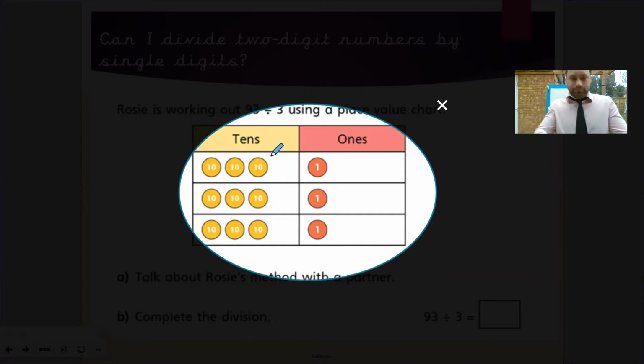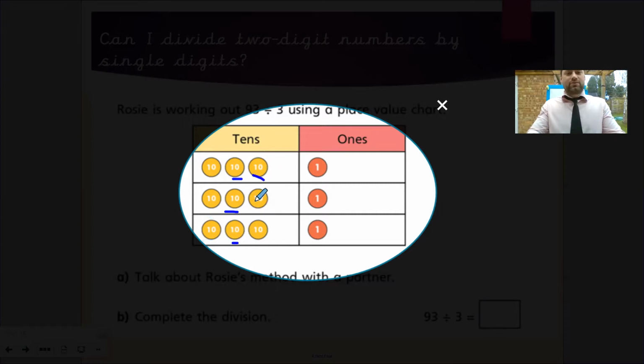So what did she do? Okay, she got 93 and she put a 10 in here. She did her 10s first, 1, 2, 3. And then she had 6 left. And then she went 1 for this group, 1 for this group, and 1 for this group. But she knows she's dividing it by 3.